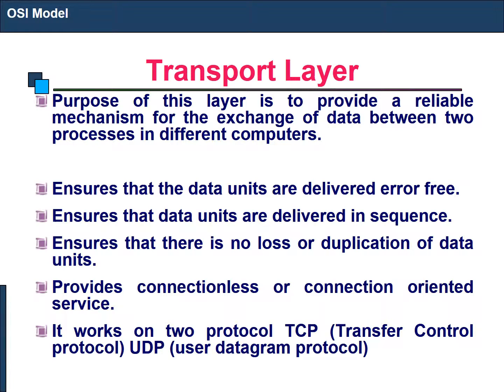The transport layer works with two different protocols, that is the TCP and the UDP. The TCP protocol is known as Transfer Control Protocol, and the UDP protocol is known as User Datagram Protocol.